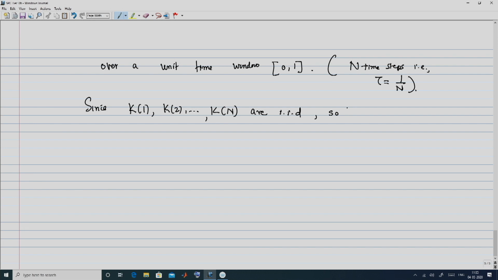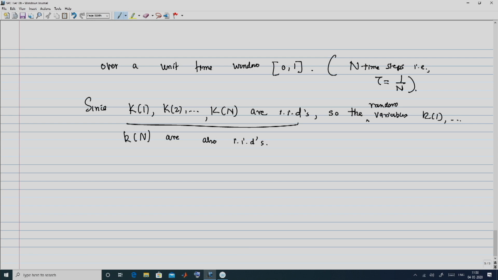So, since capital K1 through capital Kn are IIDs, consequently the random variables small k1, that is the log return, through small kn are also independent and identically distributed.